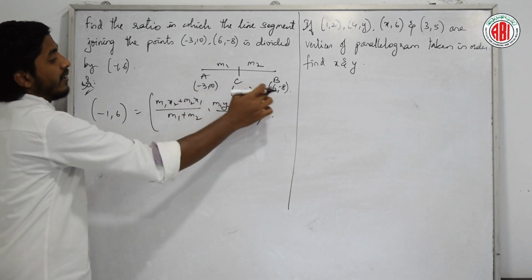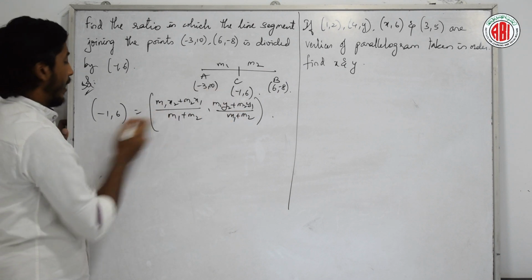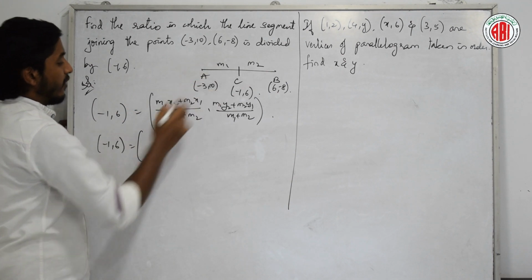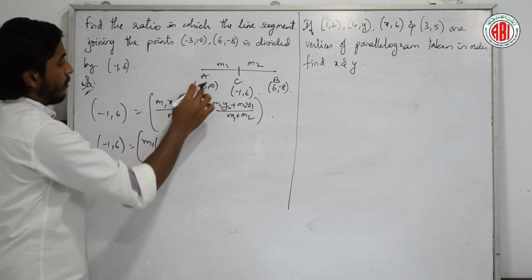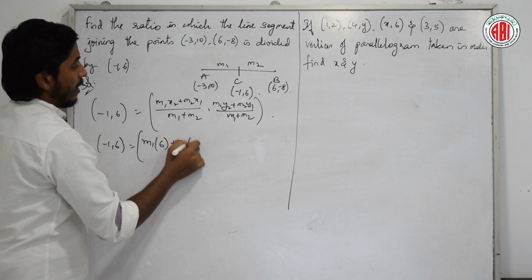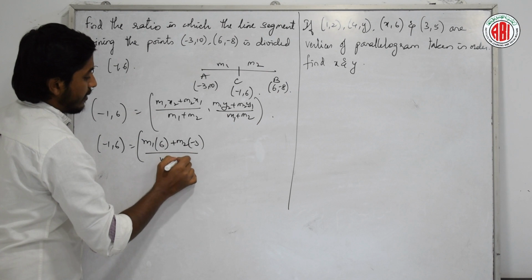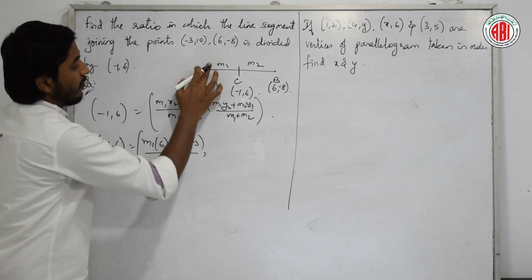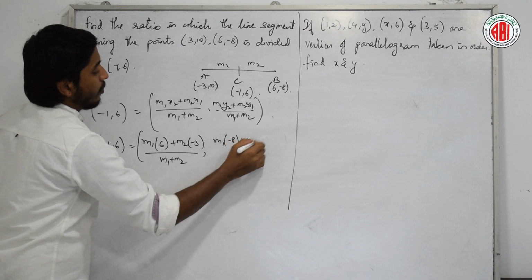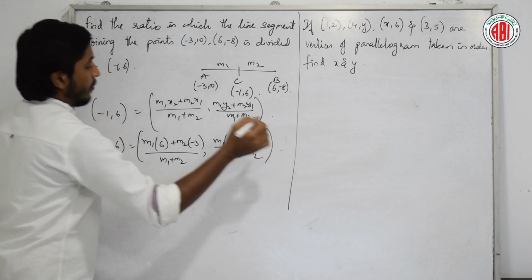This is x1 y1, this is x2 y2, and this is the middle point xy, right? Just write it here, that is m1 into x2, where x2 is 6, plus m2 into -3, divided by m1 plus m2, comma, m1 y2 plus m2 y1 divided by m1 plus m2.